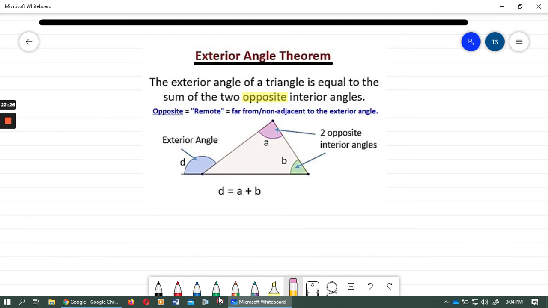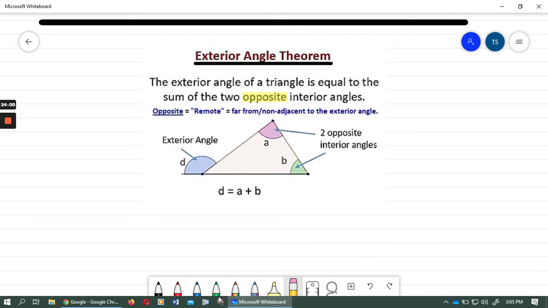All right. So the exterior angle theorem, and again, this is for triangles. What the exterior angle theorem states is that the exterior angle of a triangle is equal to the sum of, and when we say the sum, guys, we're talking about the result of adding those things together, the two opposite interior angles.